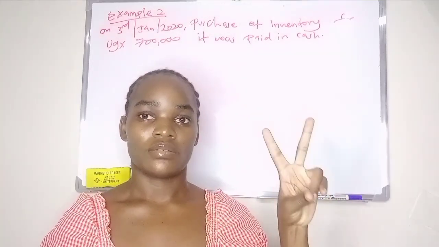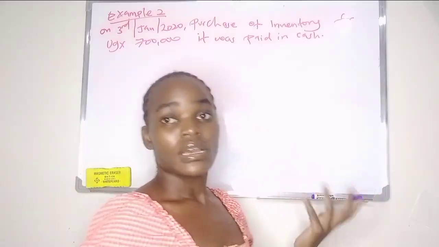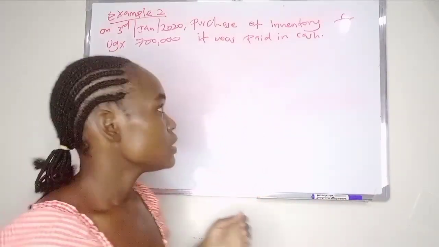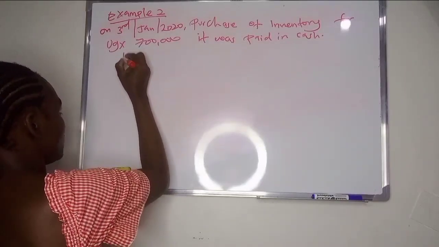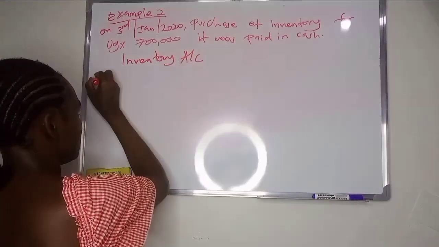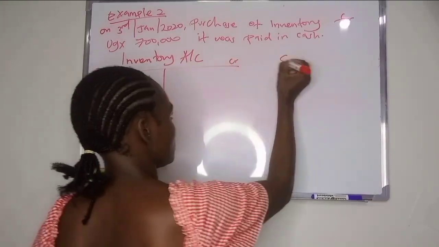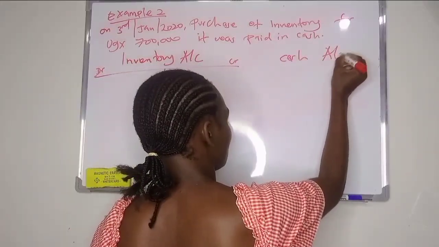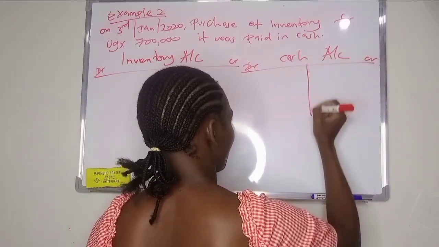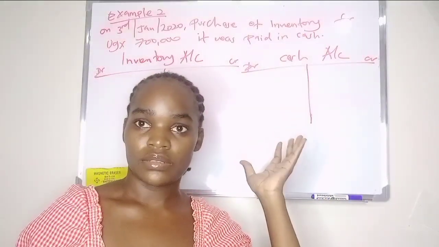So we have two accounts. We have the inventory account, and then we have the cash account. Those are the T accounts, or the ledger accounts, or the individual accounts, that we are going to prepare. So inventory account, debit, credit, cash account, debit, credit.